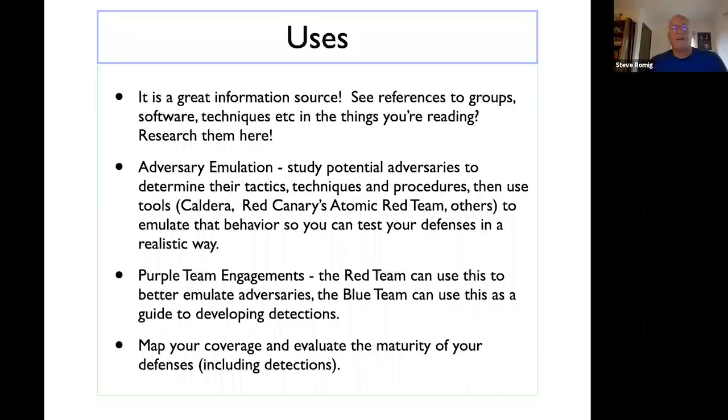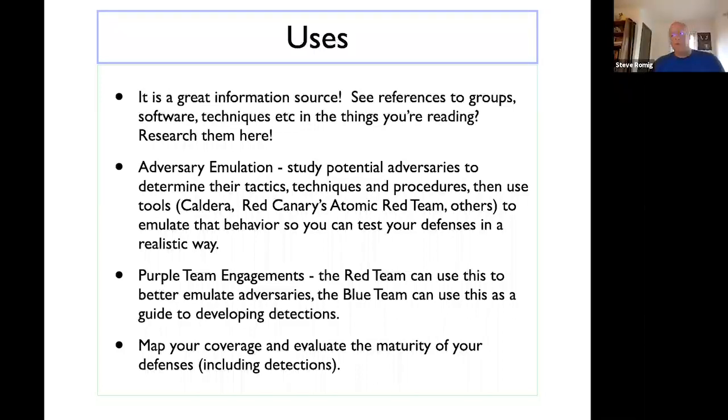Maybe we discover that we don't have a data source, and so we need to develop a data source to give us visibility. Or maybe we discover that there's a data source, but we're not using it at all, or maybe not correctly to detect activity, or maybe we have a mitigation in place that isn't working correctly.